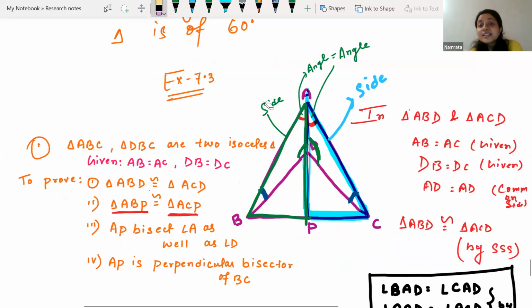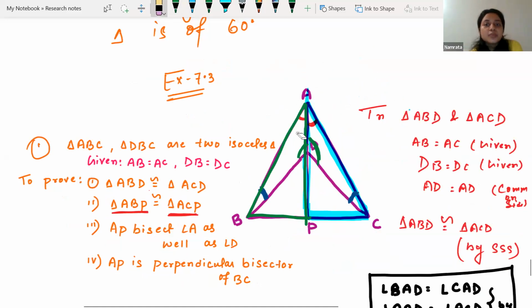So this is how we will get side angle side. That's why I was marking with red color and blue color every piece of information we got from the first case. Okay, now just a moment.